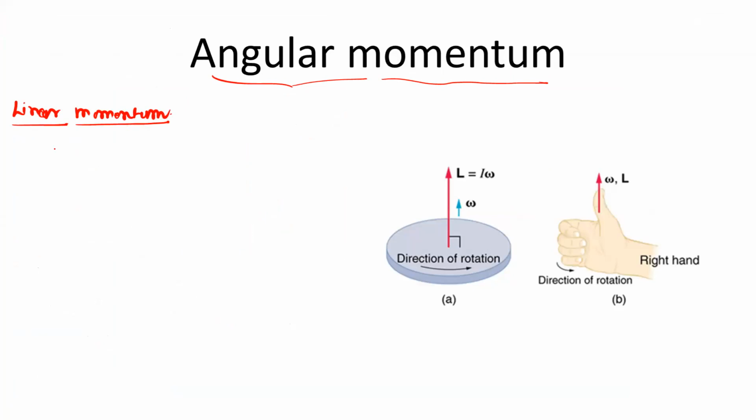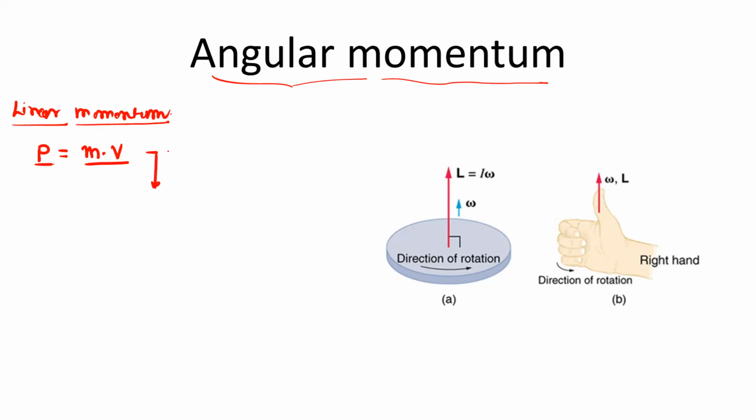The linear momentum is represented as mass into velocity. So that is the equivalent term for the linear momentum.